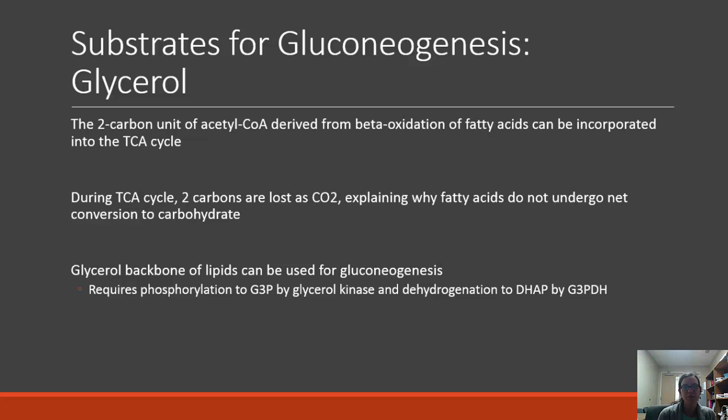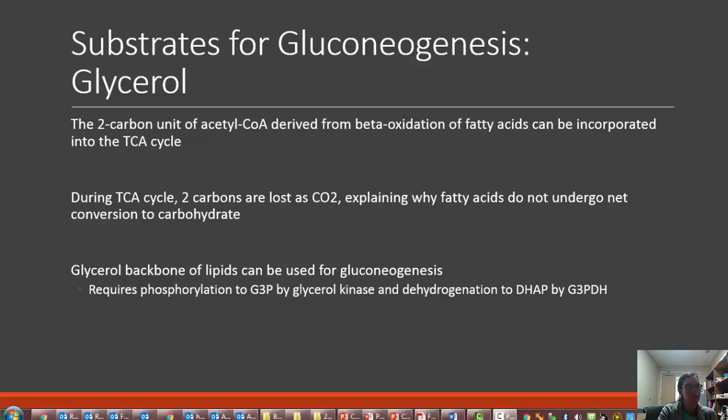Again, part of this is going to make a lot more sense when we're in our lipids unit. But I'm sure you remember the term beta oxidation. When fatty acids are degraded and break down, they go through a process called beta oxidation, and it produces acetyl-CoA. Obviously we know that acetyl-CoA can be used as our first substrate in the TCA cycle. So when beta oxidation breaks fatty acids down to acetyl-CoA, that can enter the TCA cycle.